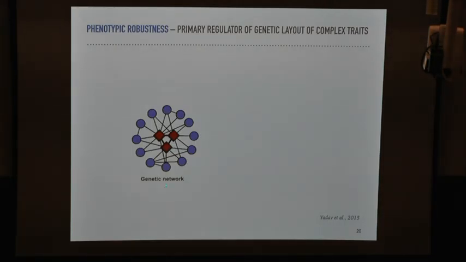Now consider a network of these causal variants which are regulated by these regulators, indicated by these squares, which are the robustness regulators. If these regulators are present, the effect of these variants would not be visible in the population.